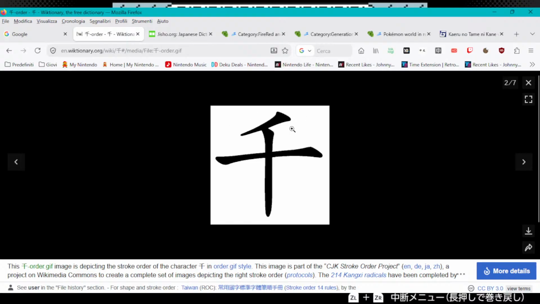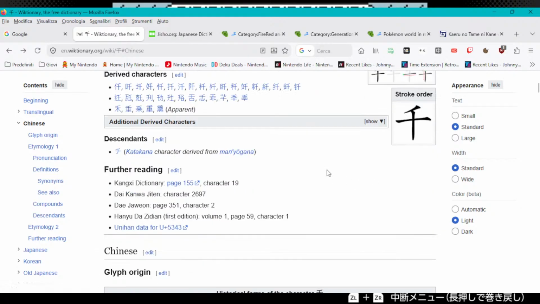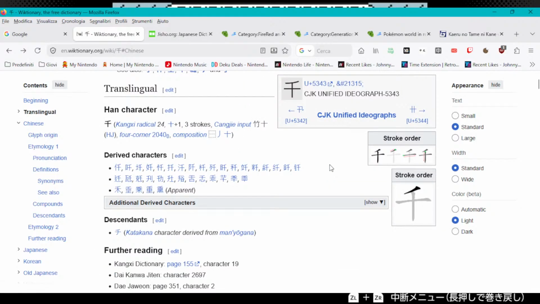As mentioned, you can also see it as a no in katakana and then the 10 nowadays. But the origin is that the left to right stroke here in the middle was originally the stroke for the number 1. The rest is actually a modified form of the kanji for person.